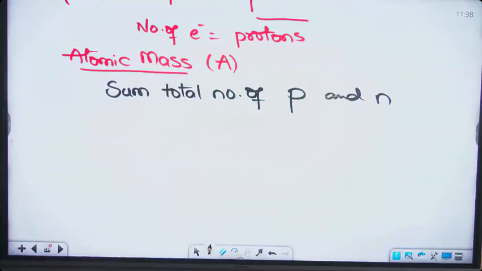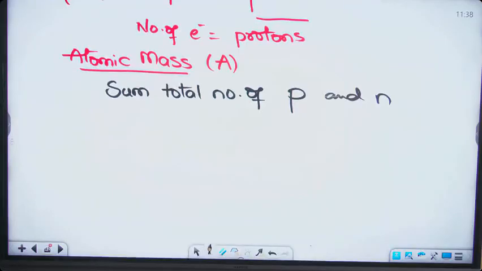Atomic mass is always the total number of protons and neutrons together. That is known as atomic mass ani antam. The sum total number of protons and neutrons is known as atomic mass.